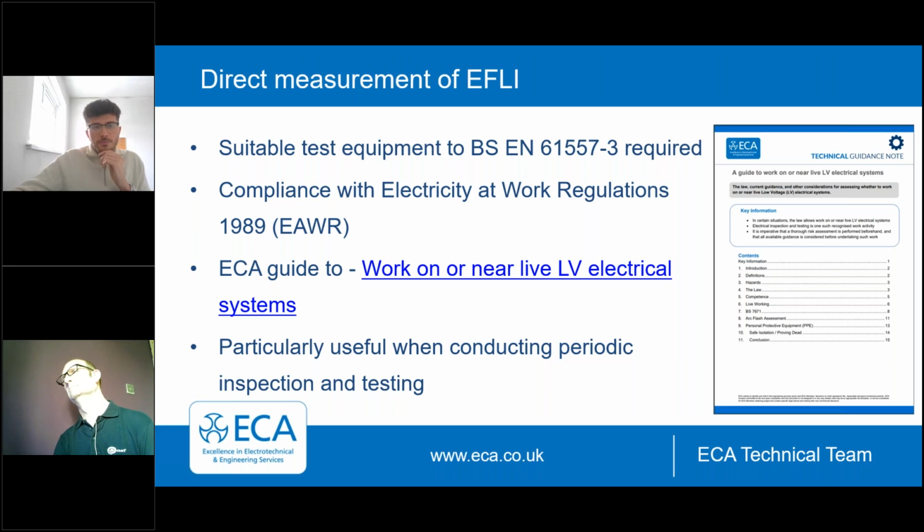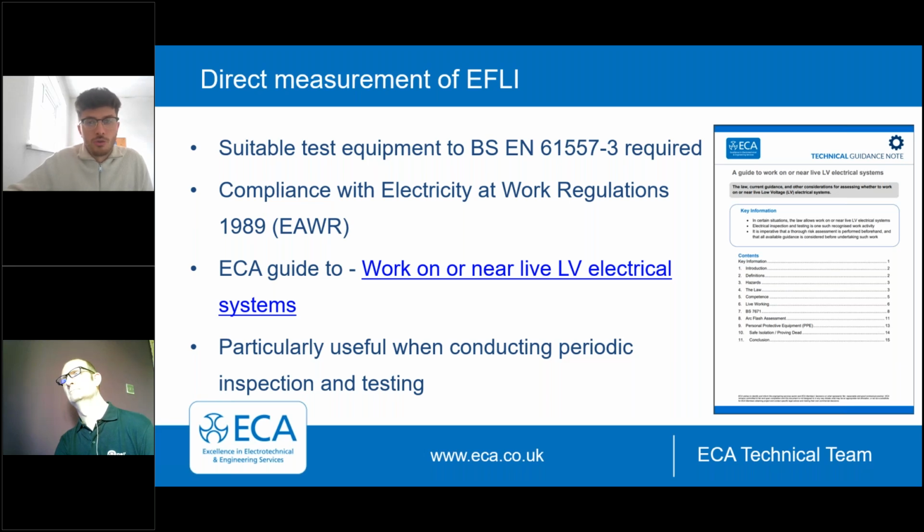So looking at the direct measurement, there are some things to consider prior to carrying this out. You need suitable test equipment to carry out a direct measurement of earth fault loop impedance, and this will need to comply with BS EN 61557 Part 3. You'll also need to consider that when you're carrying out direct measurement of earth fault loop impedance, you are going to be working near live electrical systems.